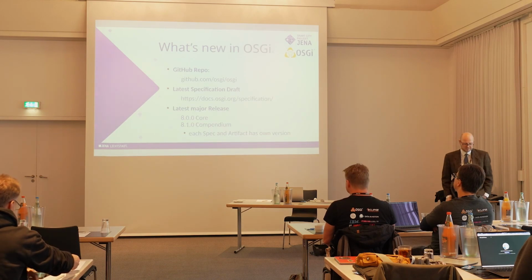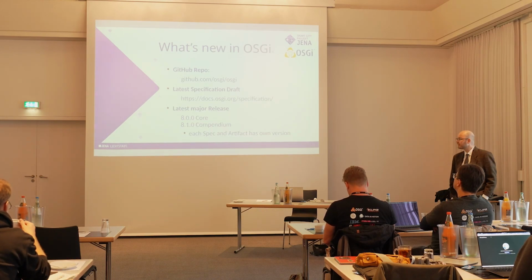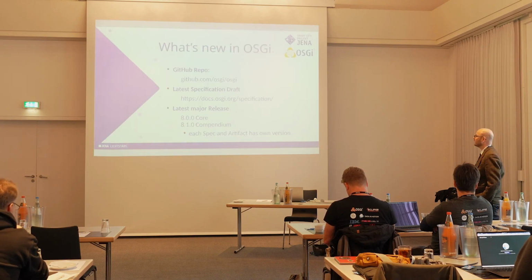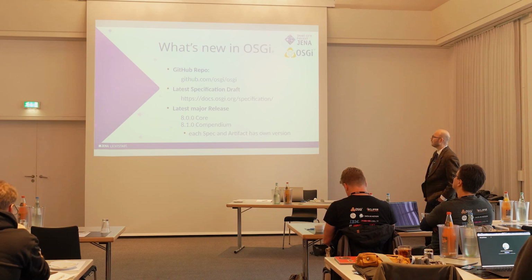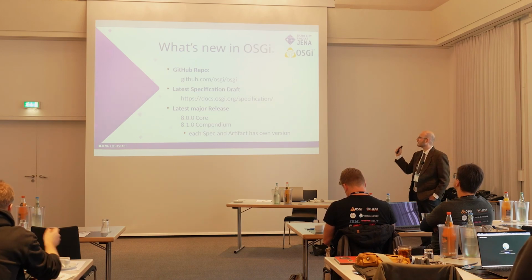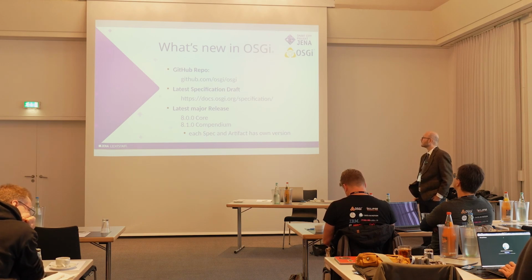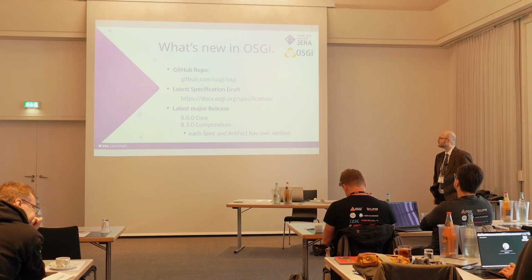Where could you find this? On the normal GitHub repo, OSGi. There is all the code, all the sources. If you need it on a nice website, the latest specification draft document is also findable online.